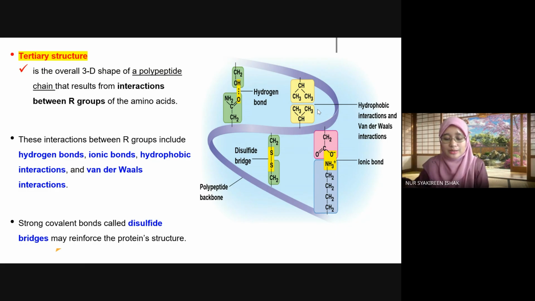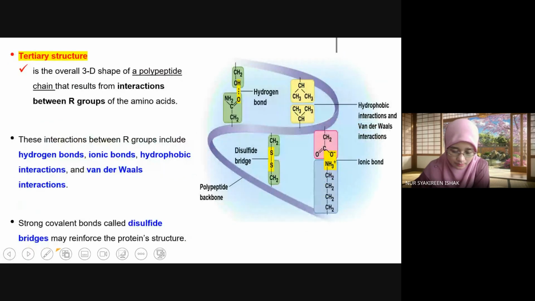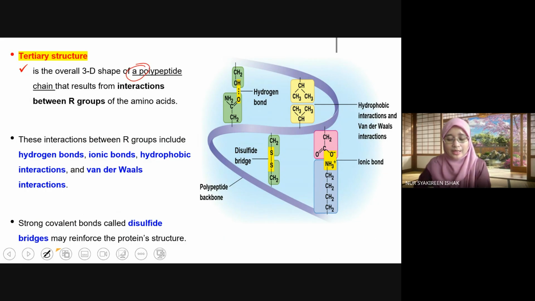Okay. Tertiary structure is the overall 3D shape of a polypeptide, again a polypeptide chain, that results from interaction between R groups of amino acids.